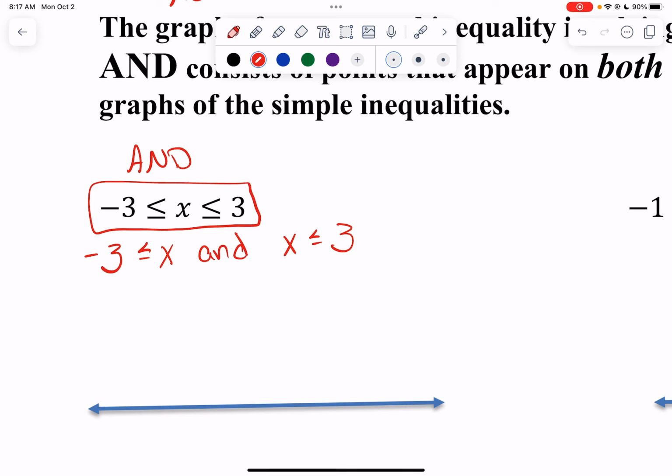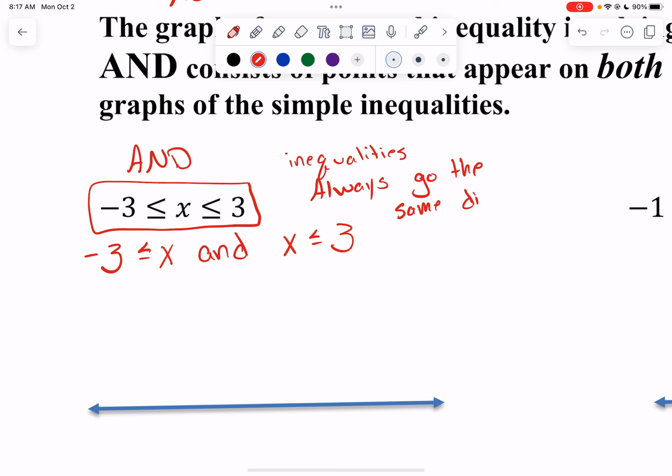And if you notice, the inequalities always go the same direction. What I mean by that, both of these, this guy and this guy, are less than signs.